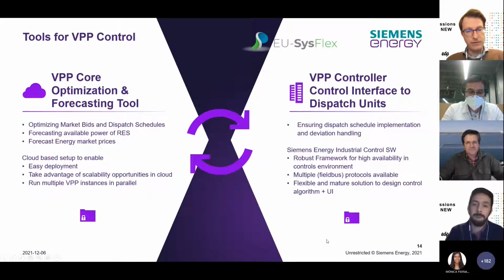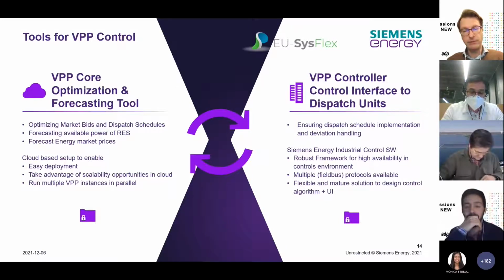And this process is constantly repeated and then communicated back over to the right-hand side of this slide, which is the VPP controller, and that forms our control interface to the dispatch unit.